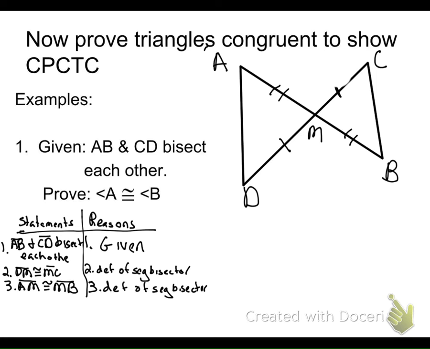The second one. What do we know about these two angles? We know they're congruent because of what type of angles are they? They're vertical angles. Nice job, guys. So here we are able to say that number 4, angle AMD is congruent to angle CMB, and the reasoning is definition of vertical angles.